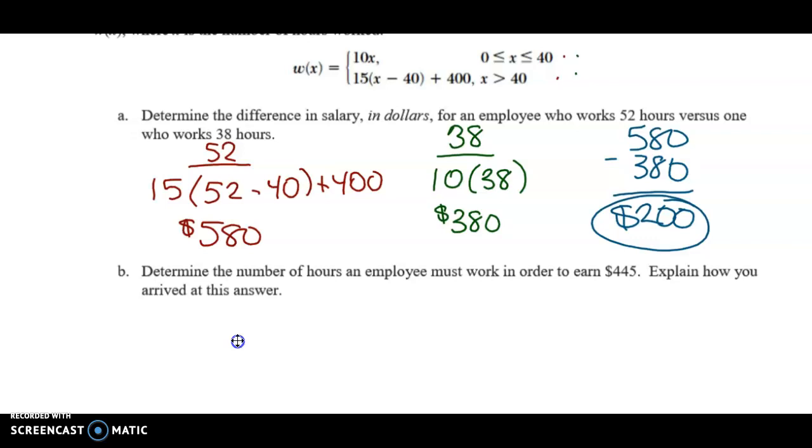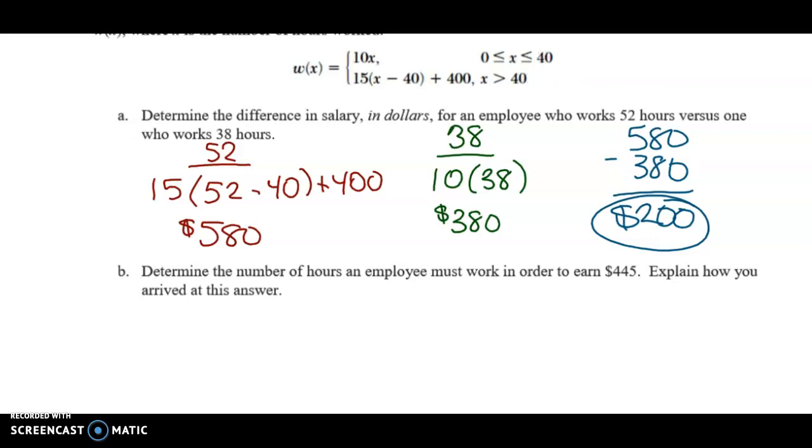Part B. Determine the number of hours an employee must work in order to earn $445 and explain how you arrived at your answer. Alright, so I know my equations are determined by their number of hours. We're being asked to determine a number of hours. The difference is in my intervals at the 40-hour mark.